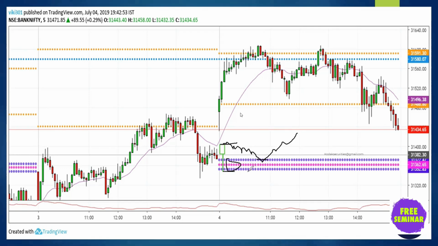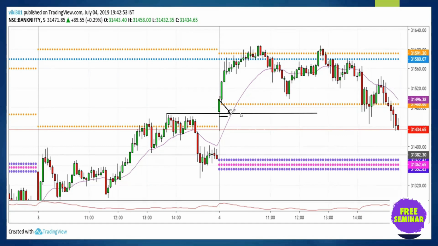That means keeping your stop loss below that protection, CPR, it can be anything. Okay, it's a better stop loss. Don't enter here on the first candle and don't keep your stop loss here, because you are keeping stop loss without any protection.